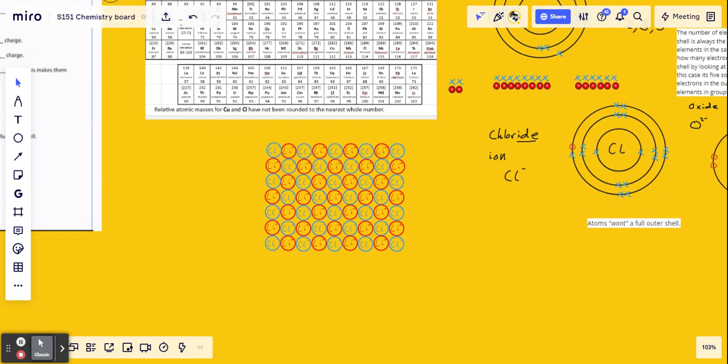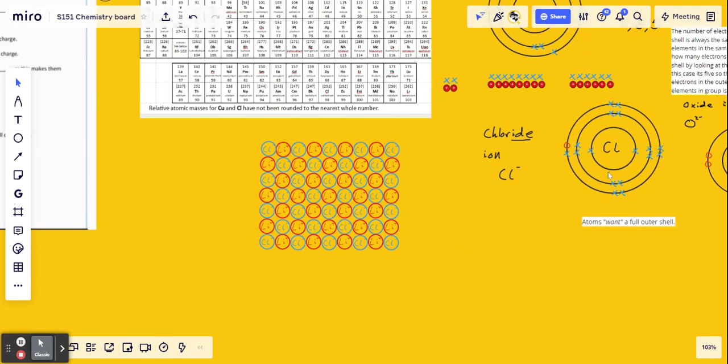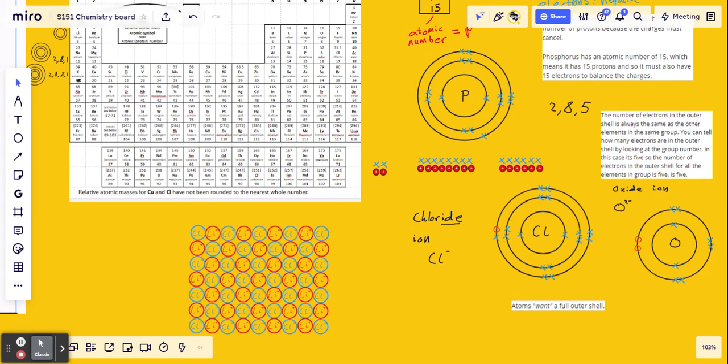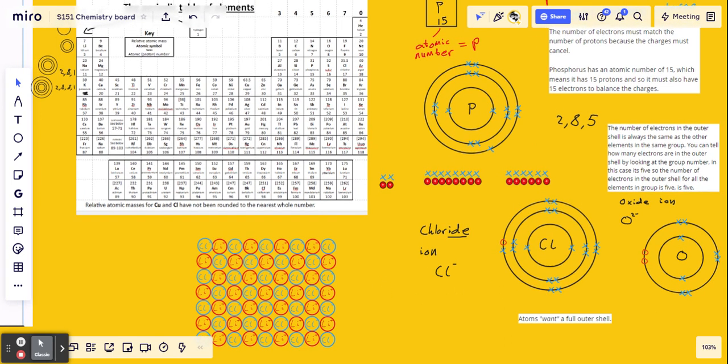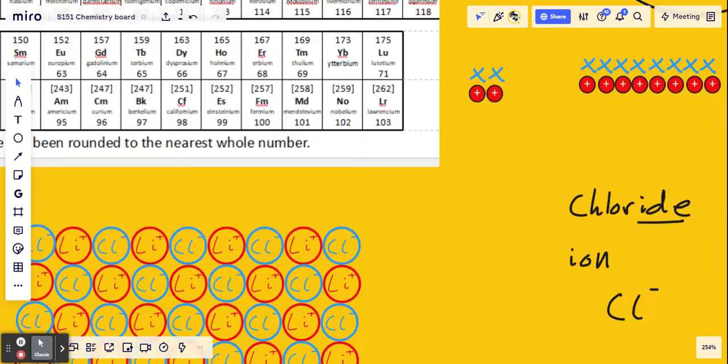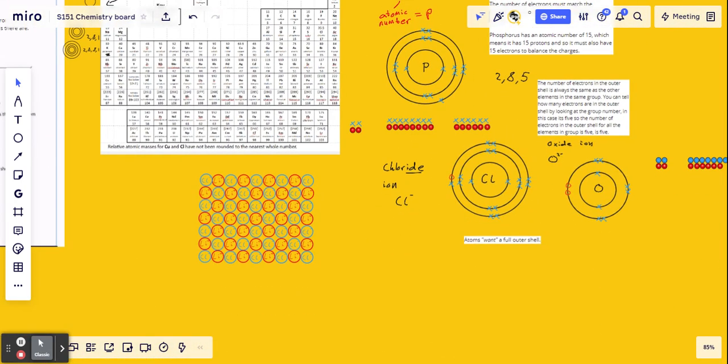Now, what I haven't drawn yet is how to include these diagrams. How do I demonstrate an ionic bond with these diagrams? I've nearly done it, and let's imagine we zoomed in all the way into this diagram. We try to work out what's going on with the actual electrons.